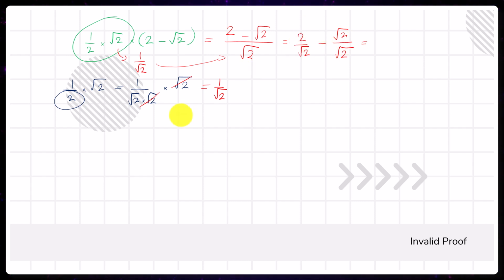And then again, we use the same logic that we used before for this one. So square root of 2 times square root of 2 over square root of 2. With simplification, we're left with the square root of 2 for the first part. And this just goes away, and this would be minus 1. And this is the final answer.